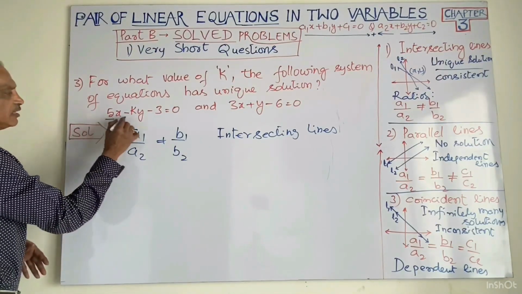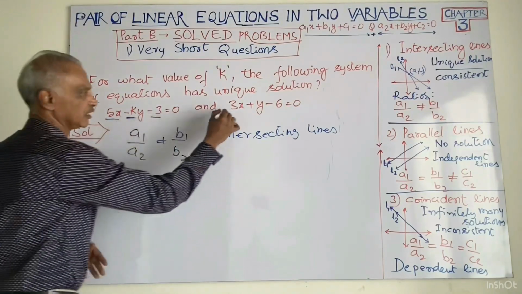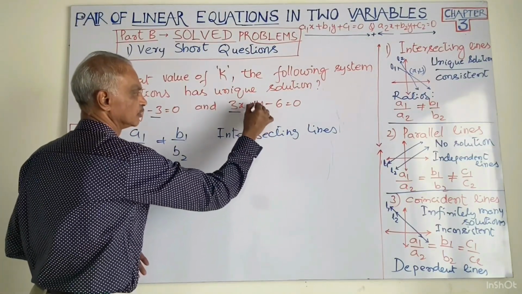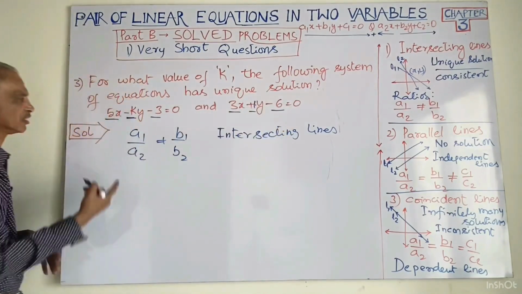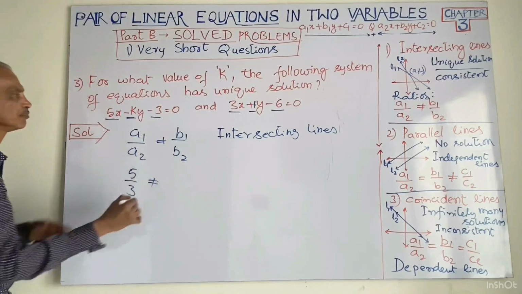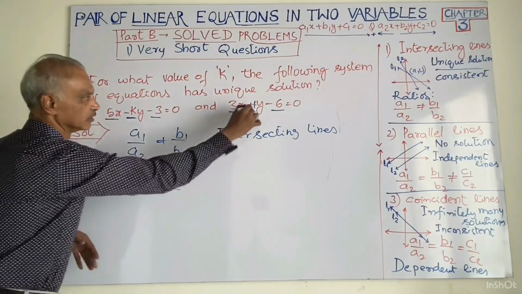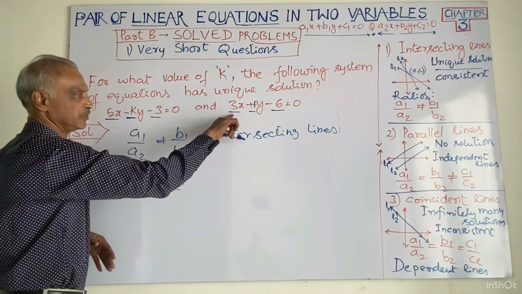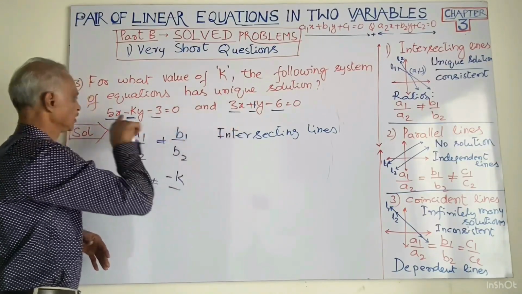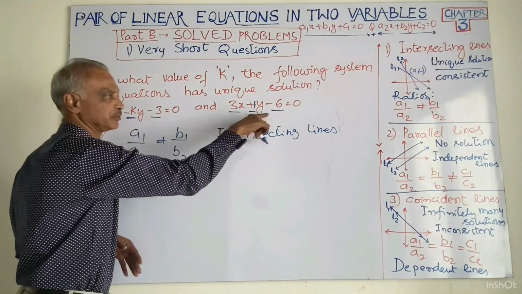Here, this is A1, B1, C1, and A2, B2, C2. What is A1 by A2? It is 5 by 3, and it should not be equal to minus k by 1.